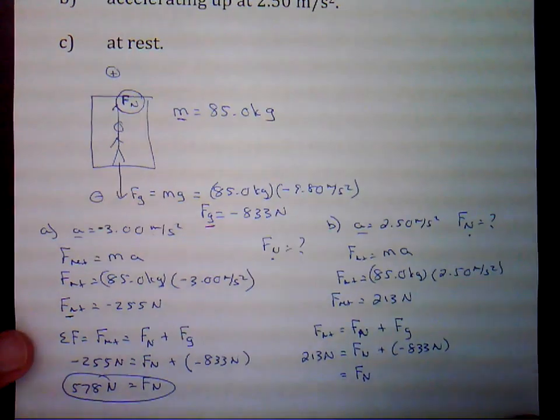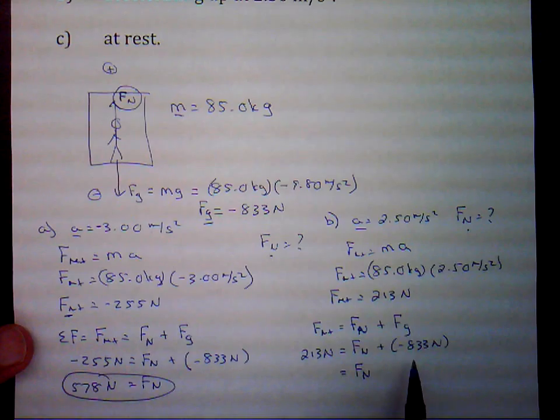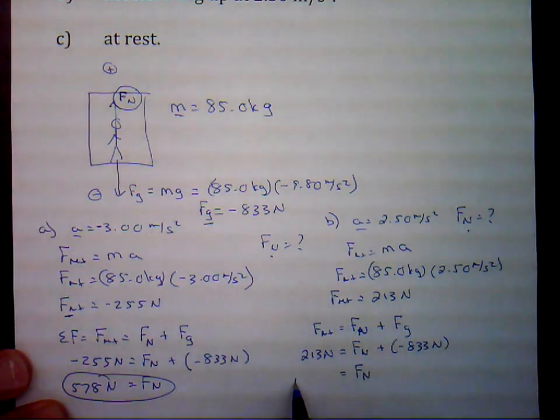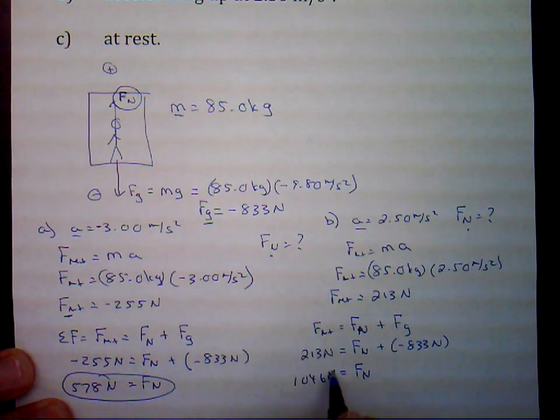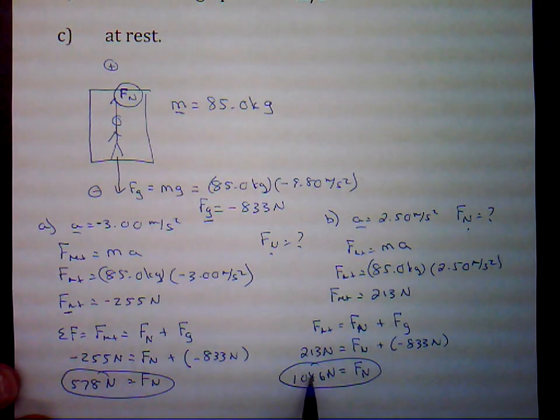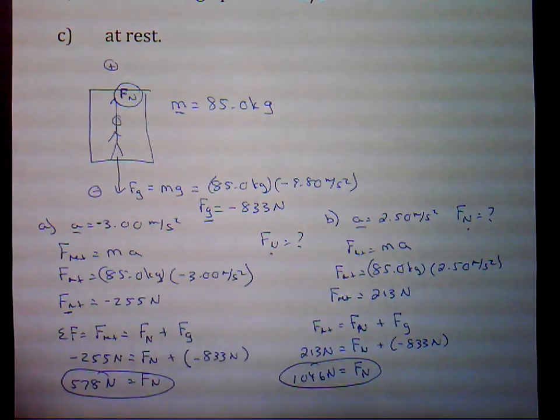We solve that equation for normal force. We add 833 to both sides, and we should end up getting a normal force of 1,046 newtons. So in order to accelerate up, there has to be a greater force up on the person than there is down, and that's what we see.